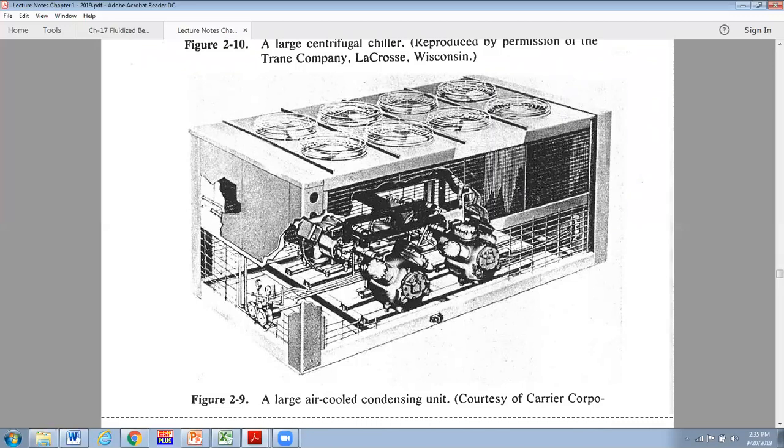When you see all these fans up on the top, that's to pull ambient air in through these coils on the side, on three sides of this. And then that's what carries the heat away, and the fans blast up the top to move that air across to provide the cooling necessary for the condenser to work.